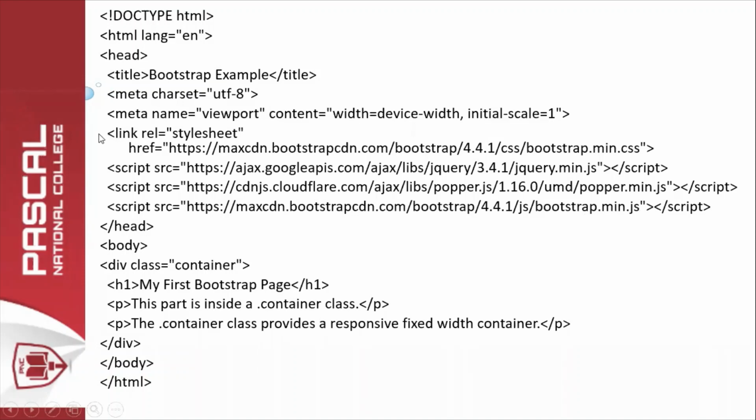Within the body, then div class equals container, and within this you will be writing your tags, whether h1, paragraphs, or any other tags. You just load this page in your browser, and minimize or maximize your browser width.